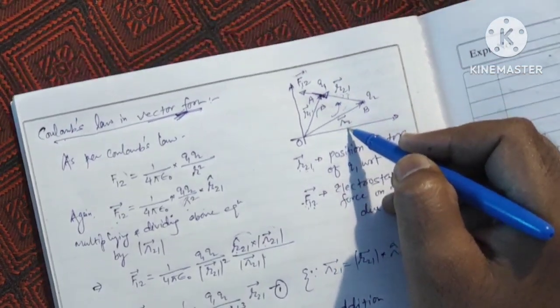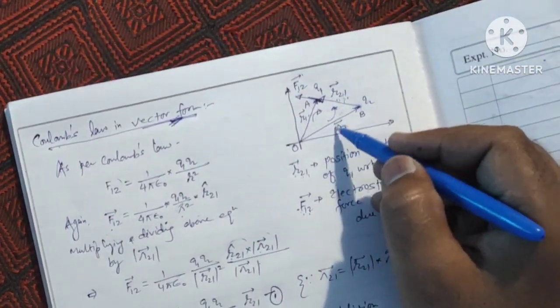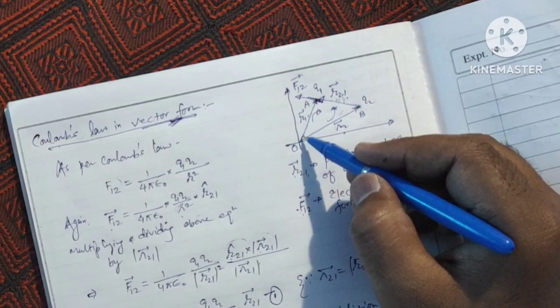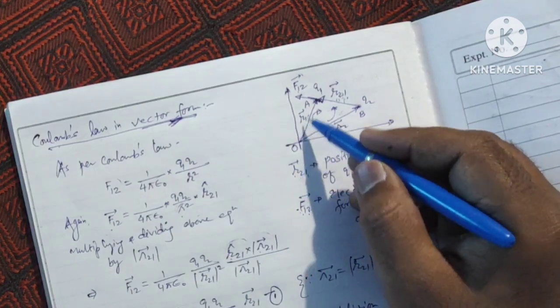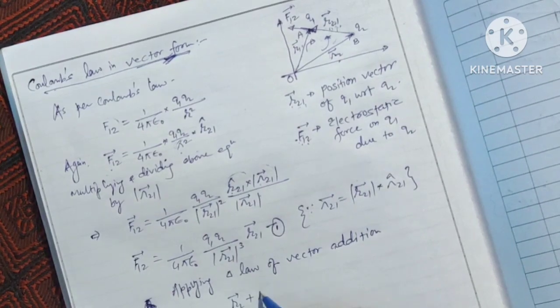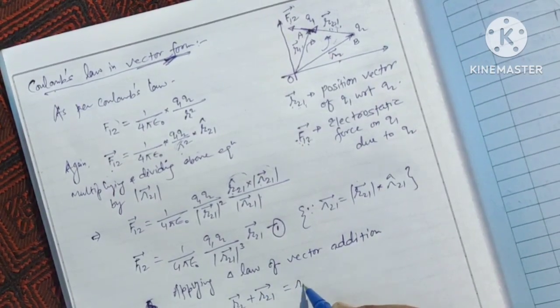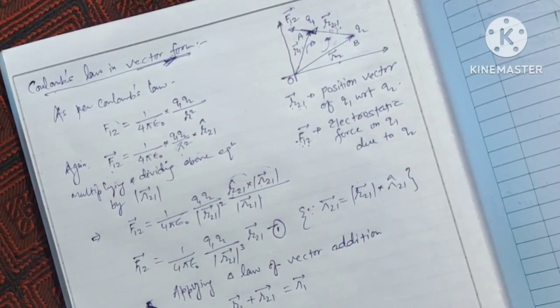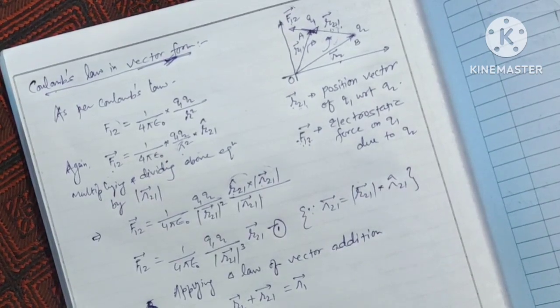These are r2 vector and r21 vector. So sum of these 2 vectors must be given by the third side in reverse order, which is already there. So I can write r2 vector plus r21 vector is equal to r1 vector. All right, so r21 vector would be r1 vector minus r2 vector.